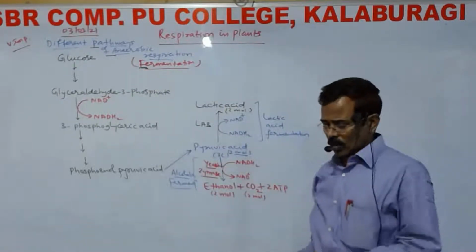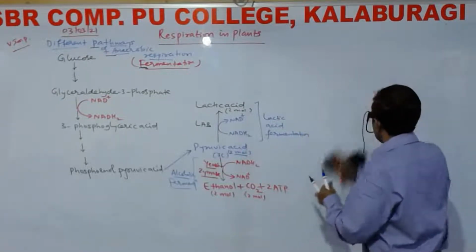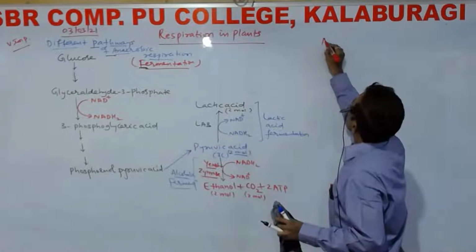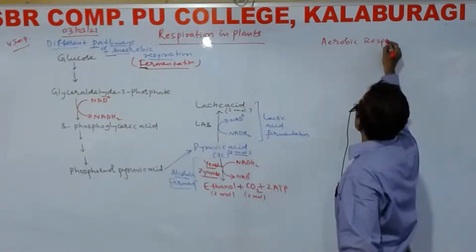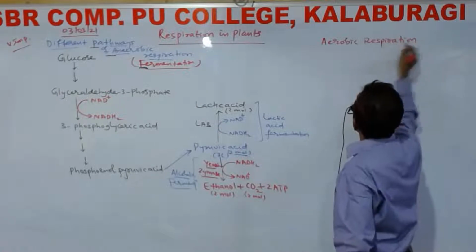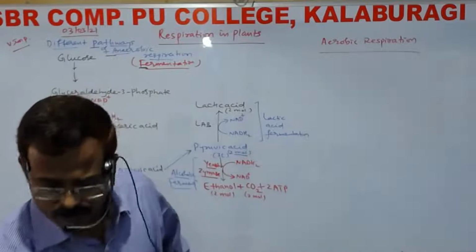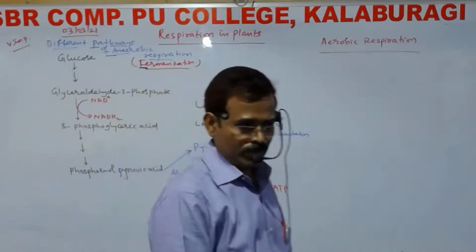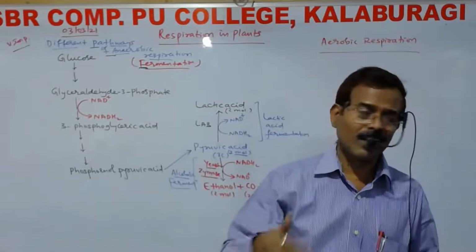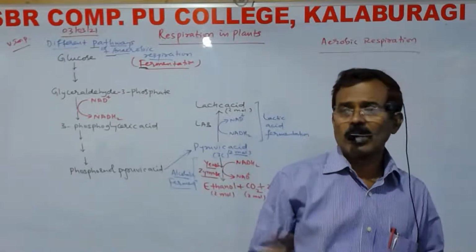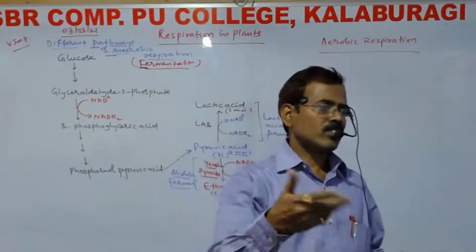So, as usual, moving on to aerobic respiration, which I was discussing yesterday. In case of aerobic respiration, yesterday we learned the preparatory step. What happens in aerobic respiration? I told you first there will be the Krebs cycle, then the electron transport system, accompanied by oxidative phosphorylation, leading to production of ATP.